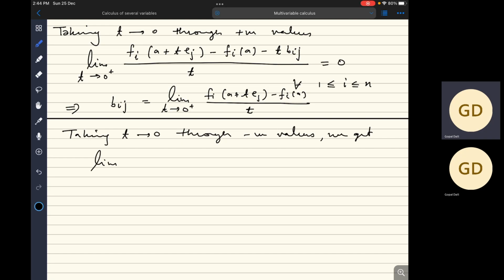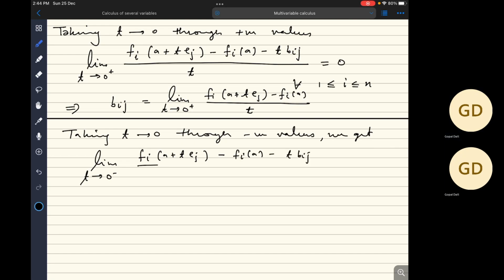Limit t going through negative values, this would be fi(a + tej) minus fi(a) minus tbij. Now we are taking t as negative values. And what is norm tej? You know, norm tej is |t| norm ej.